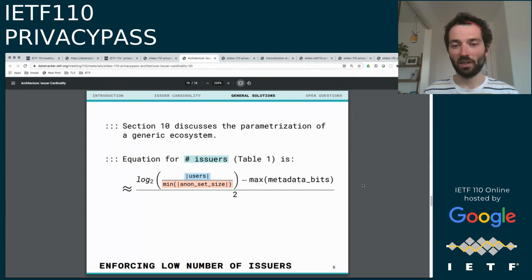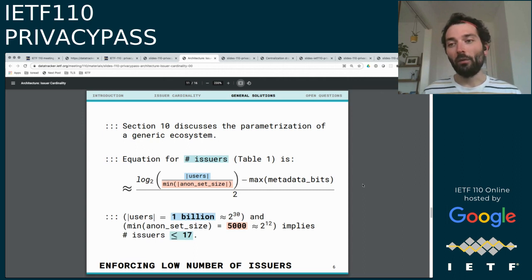So you have the number of users there, and then a minimum size of an anonymity set. And then you subtract the number of metadata bits which you allow in the protocol, and then you have this over 2 denominator which comes in because of allowing issuers to rotate keys and have 2 active redemption keys at any one time. So next slide, please.